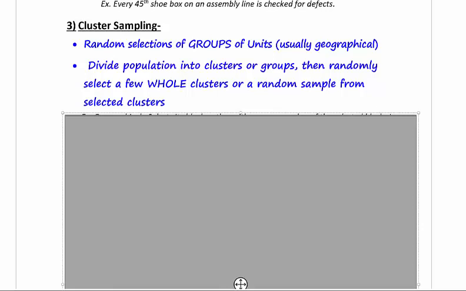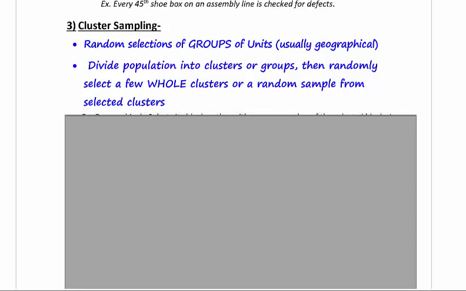That's the important difference here. So again, random selections of groups of units, usually geographical. We divide the population into clusters or groups, then randomly select a few whole clusters or a random sample from select clusters.